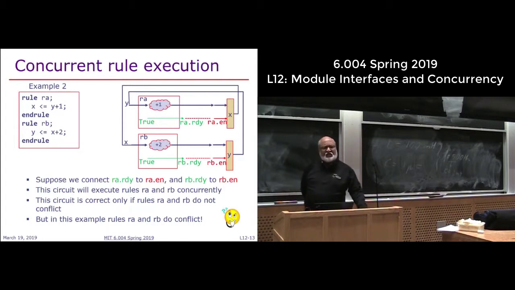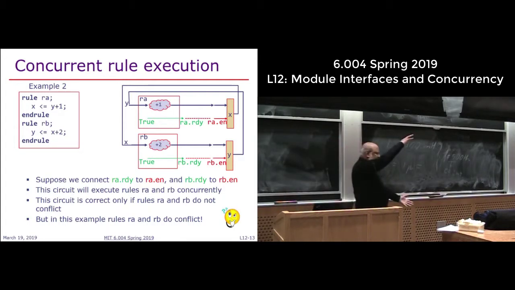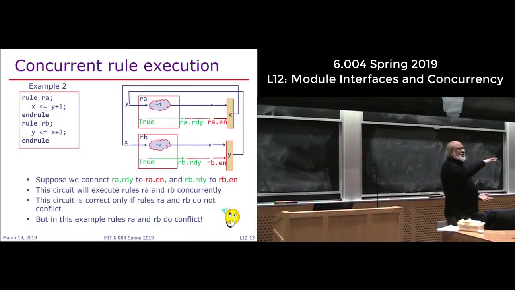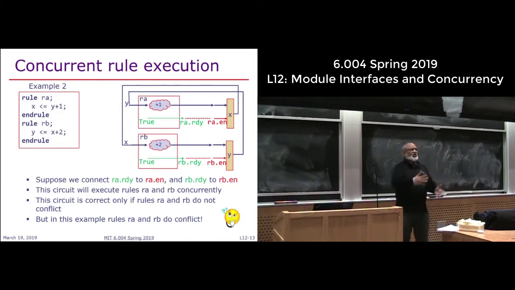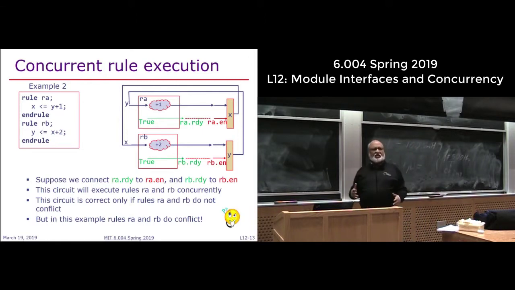Let's think at a high level for a moment. You have a bunch of rules, and they're all ready to go. If they were conflict free, we'd say go, right? Because whatever answer they produce is fine. But if two rules conflict, then what do we have to do?